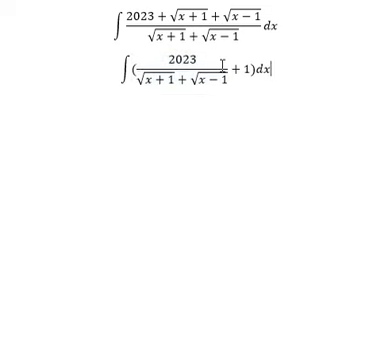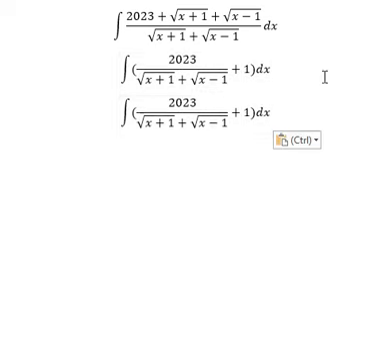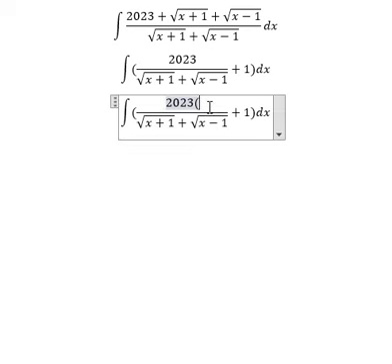Next, so we need to multiply by the square root of s plus 1 minus the square root of s minus 1 on numerator and denominator.